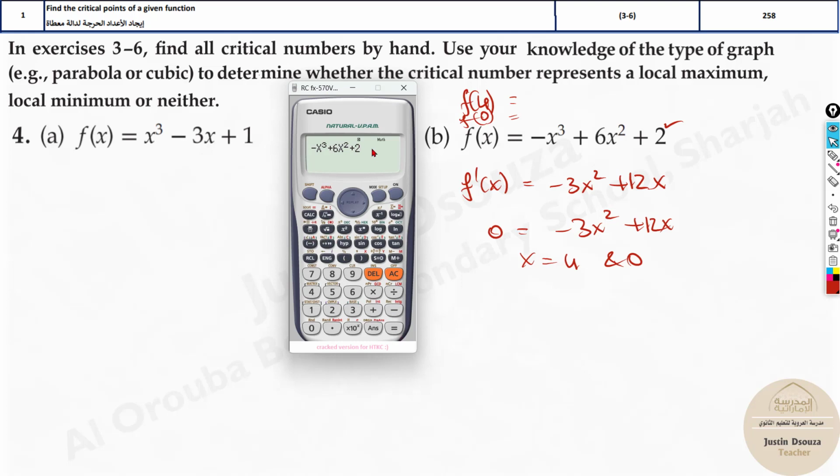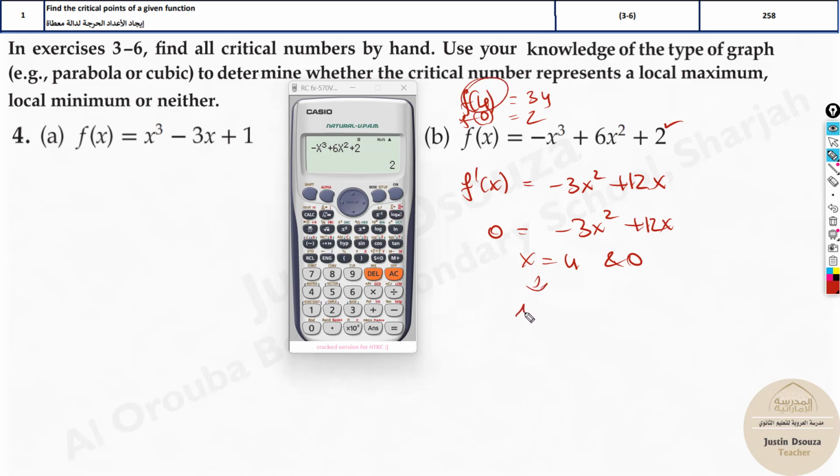Now, don't press equals, you won't get anything. Press calc and put in the value of 4. What is this? It's 34. Remember this. You can write it out over here. And then calc at 0. It'll be the constant term. That's 2. So here we got 34 and here we got 2. Now which is maximum? 4.